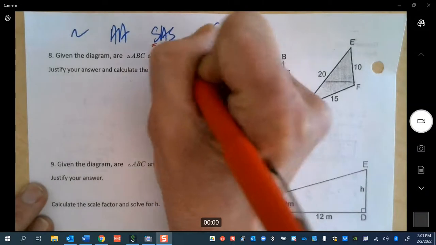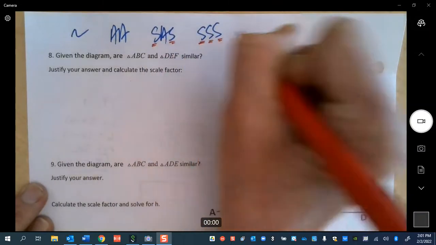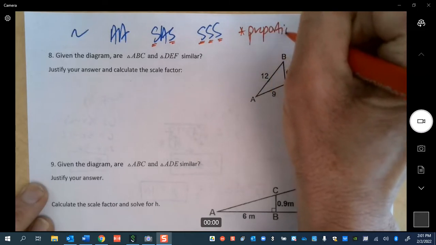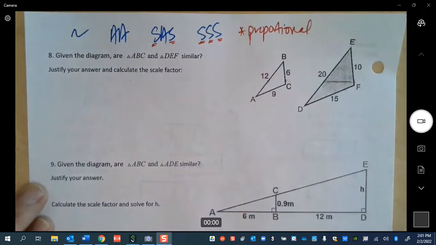And what you need to know is anytime I'm having a conversation about the sides, we need to make sure that those sides are in a proportional relationship to each other. Now, if they're congruent, it's a one-to-one relationship, so all congruent triangles are also similar. So similarity is the overarching, congruent is most specific.